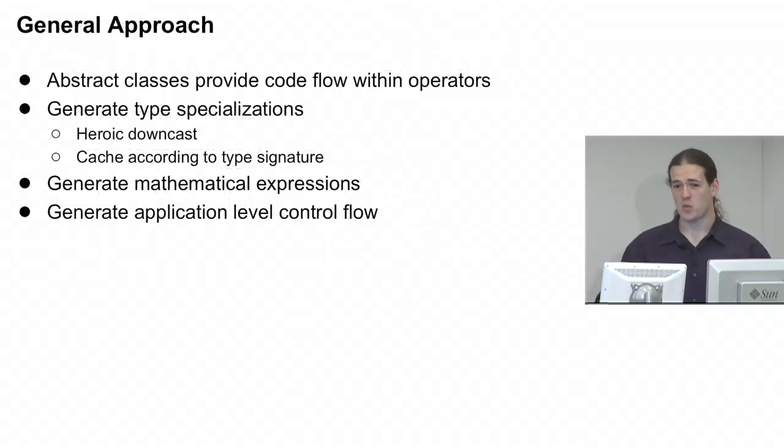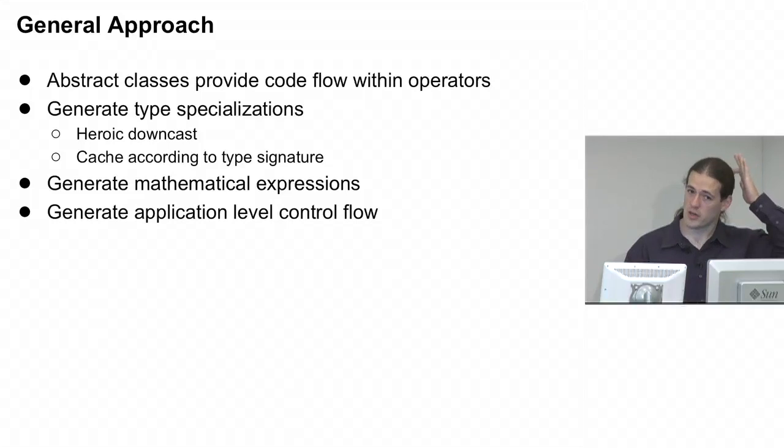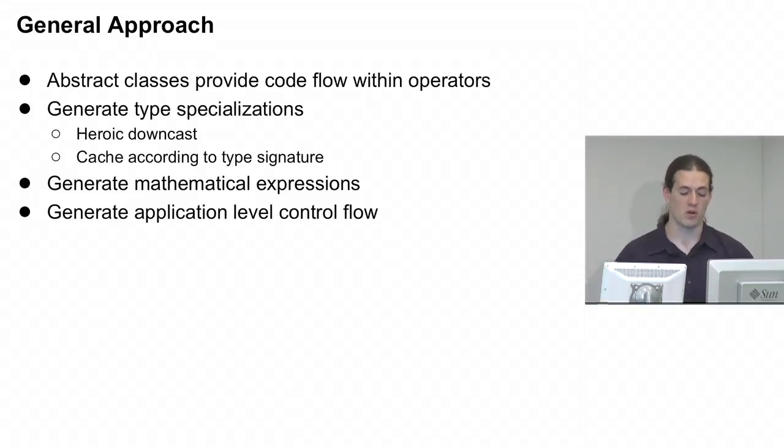So we've slowly converged on a general approach for how to structure our code, in order to get some of the best approaches of both worlds. We use what are, generally speaking, abstract classes that do all of the structural work, like what happens, but none of the type manipulation.